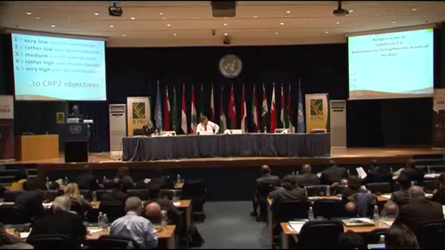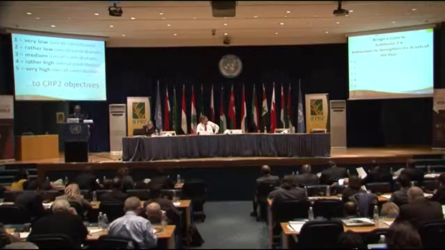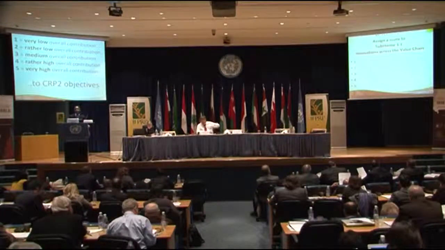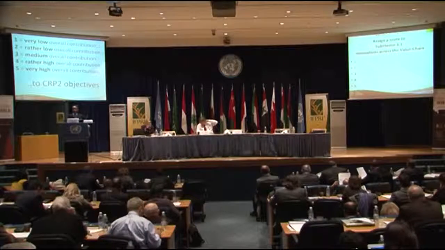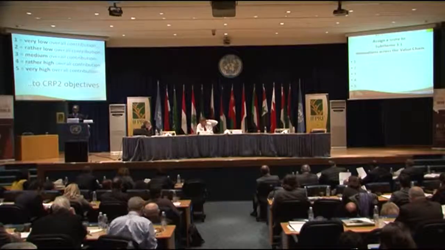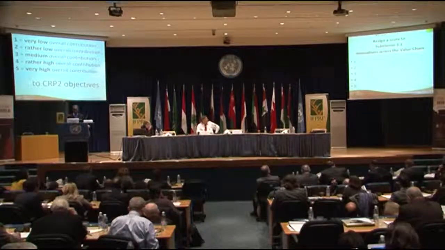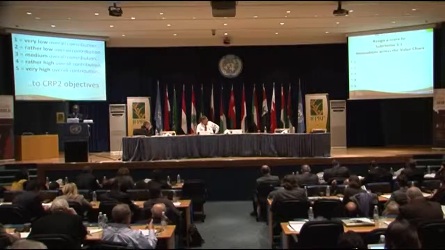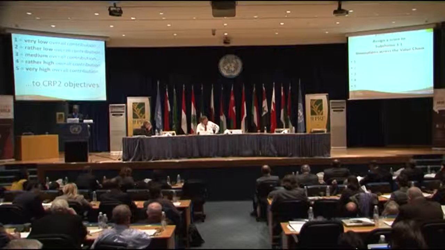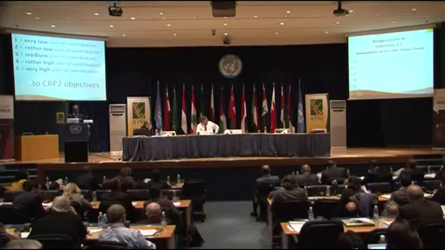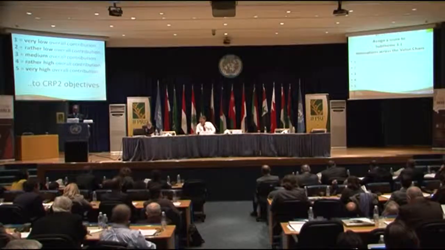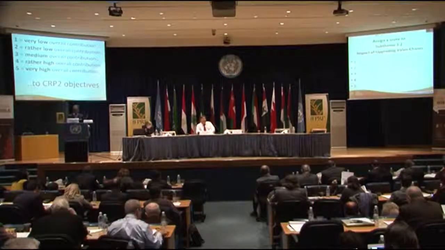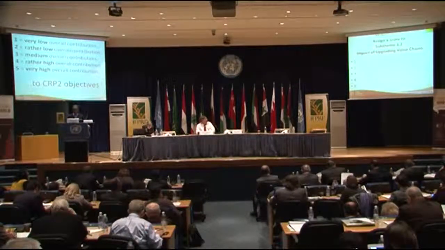We're moving along to the last 2 subthemes, starting with 3.1, innovations across the value chains. Thank you. And the last subtheme is subtheme 3.2, impact of upgrading value chains.